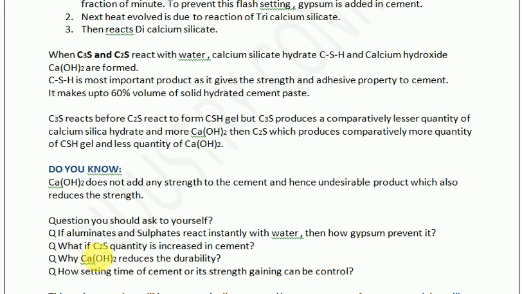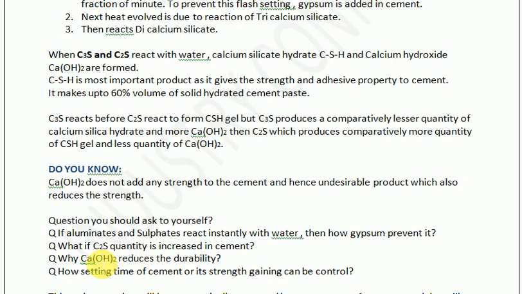Now what if the C2S quantity is increased in the cement? If dicalcium silicate is increased, tricalcium silicate is reduced, and we already know that increasing dicalcium silicate means more CSH gel. More CSH gel means more strength. Why does calcium hydroxide reduce the durability?